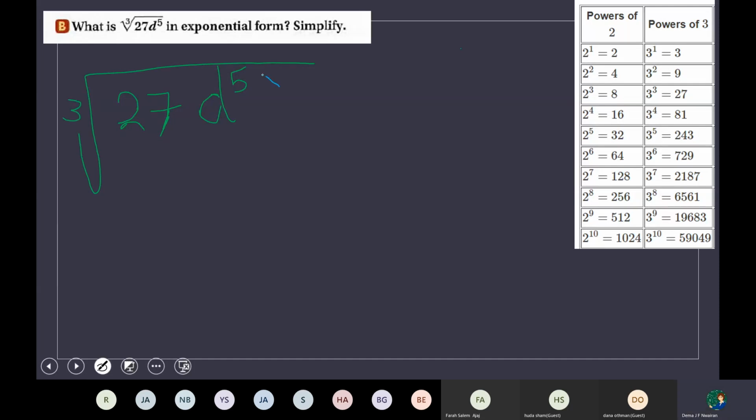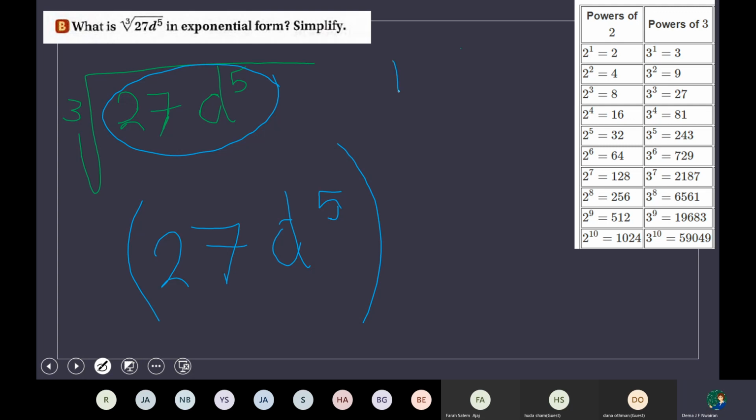Then I will write 27d raised to 5, and all of this is raised to the power of 1 over 3.